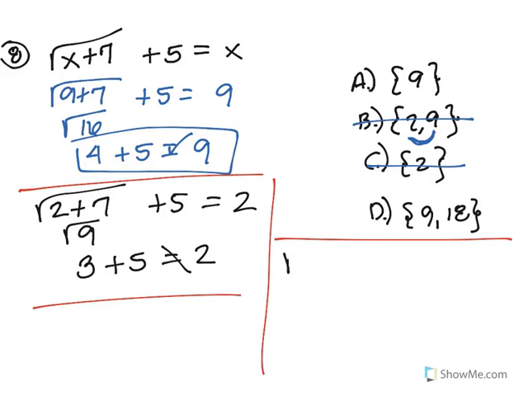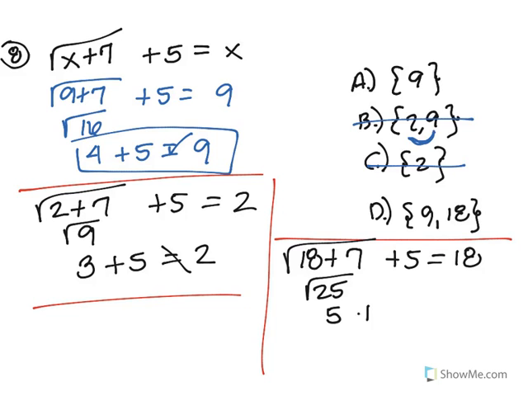To see if it would work. So 18 plus 7 under the square root plus 5 has to equal 18. So 18 plus 7 is what, 25? Square root of 25 is 5. Is 5 plus 5 18? No. So 9 and 18 don't work, so the only answer would be 9.